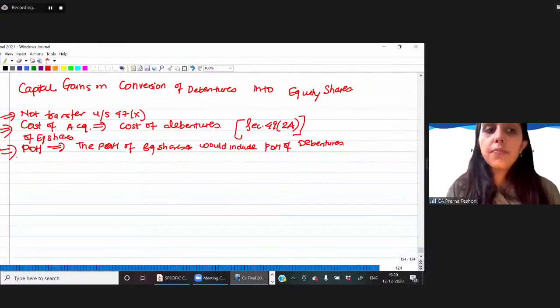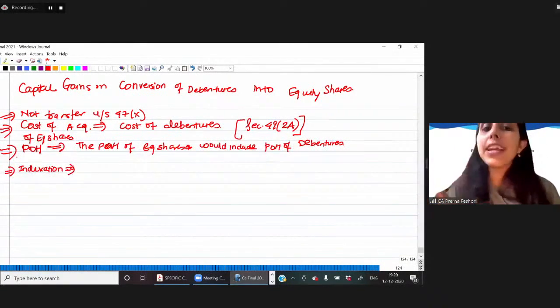Is it clear? As for indexation, whether it would be applicable from the holding of shares or the holding of debentures, indexation would also apply from the holding of debentures. Is it clear?